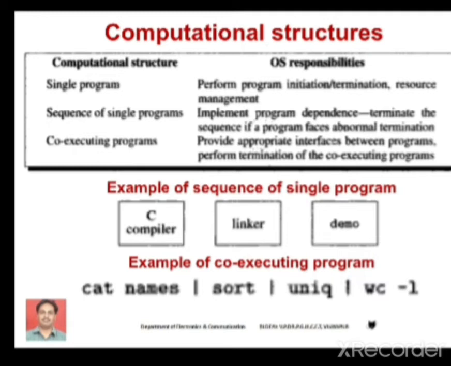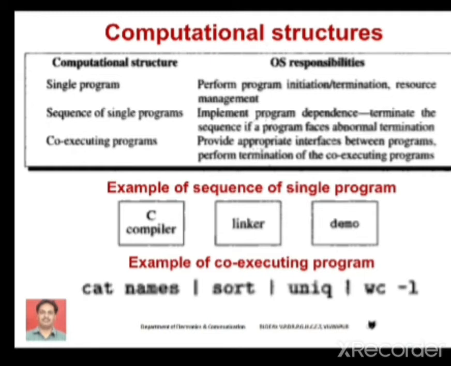Here I will just summarize this command. Cat will display contents of the file names, and this output will go to the sort command as an input. This sort command is going to arrange these names in alphabetical order, and the output of this sort command is fed to the unique command which is going to remove the duplicates, and the output of this unique command is given as an input to the WC command.